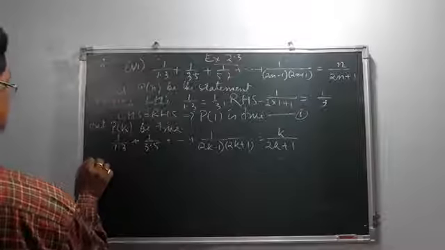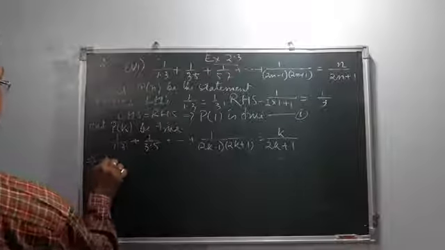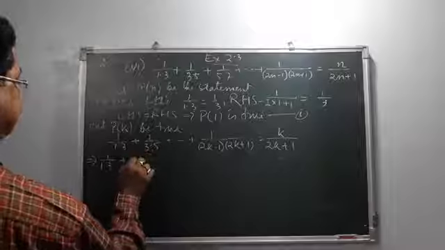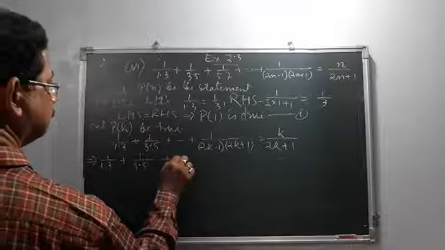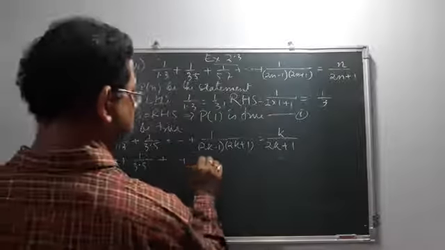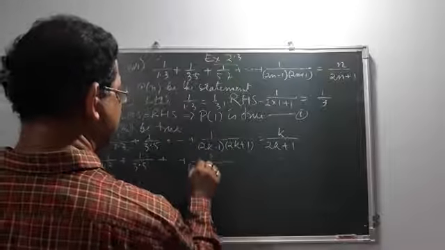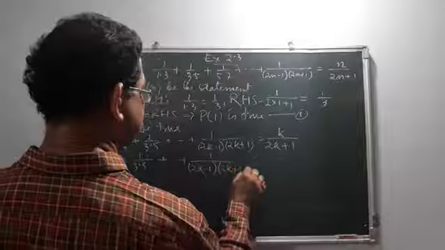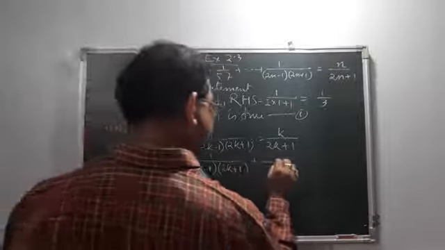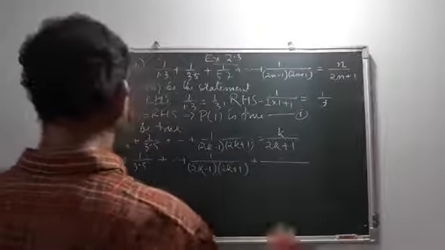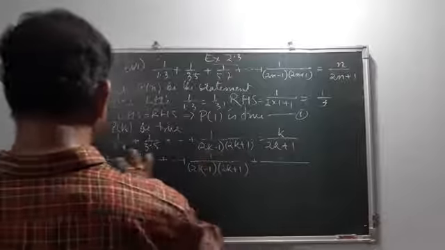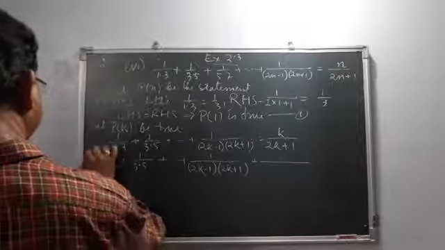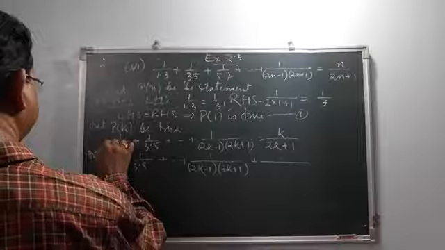So this means, if we add here, after 1 by (2k minus 1)(2k plus 1), a new term, suppose n is equal to k plus 1.